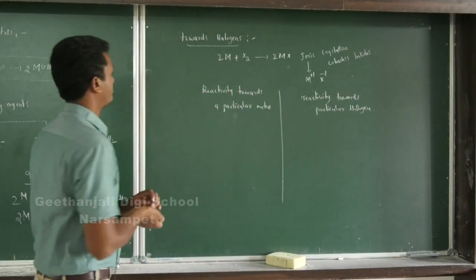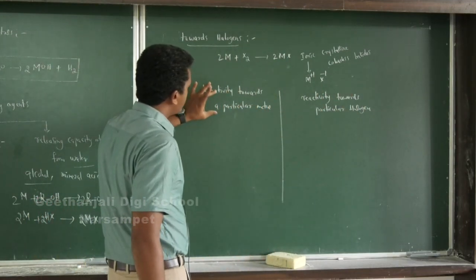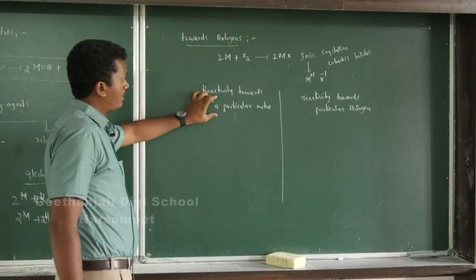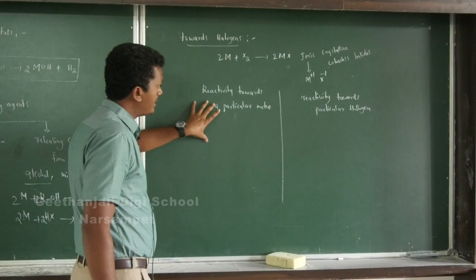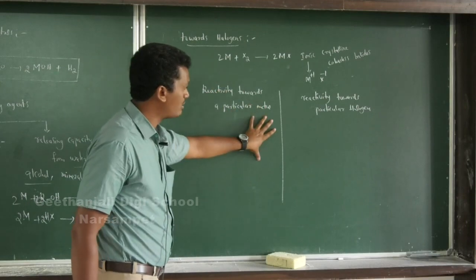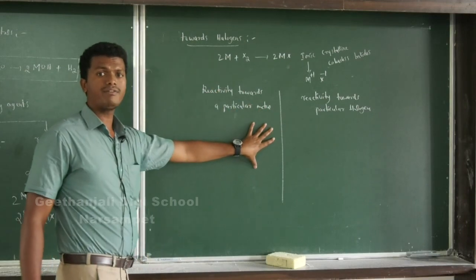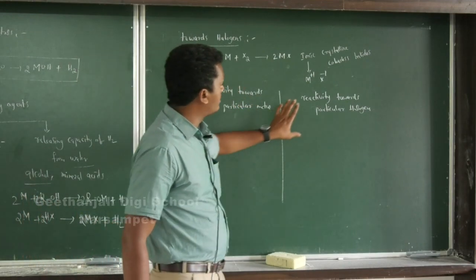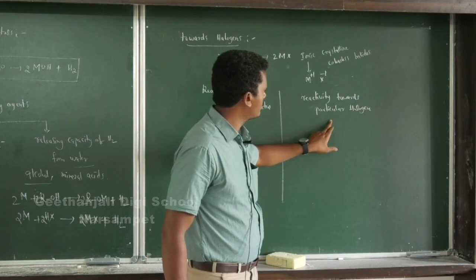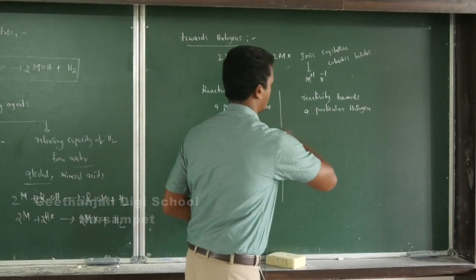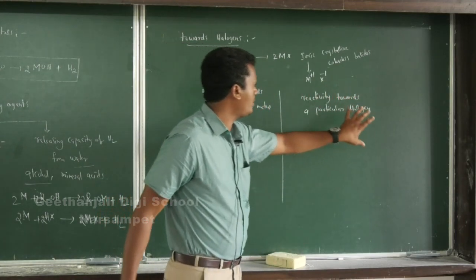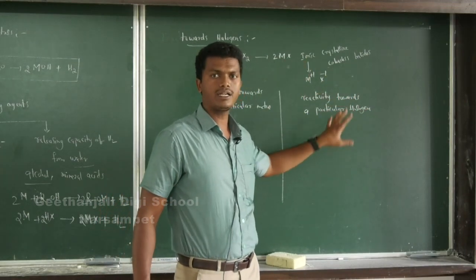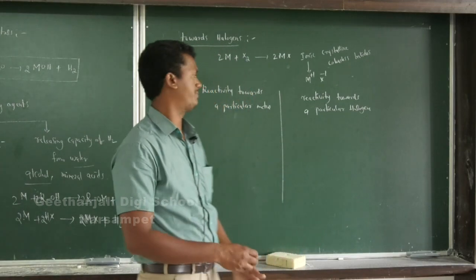Reactivity towards a particular metal means when a particular metal reacts with different halogens, how the reactivity varies in a group from top to bottom. Reactivity towards a particular halogen means when a particular halogen reacts with different alkali metals, how the reactivity varies in a group from top to bottom.